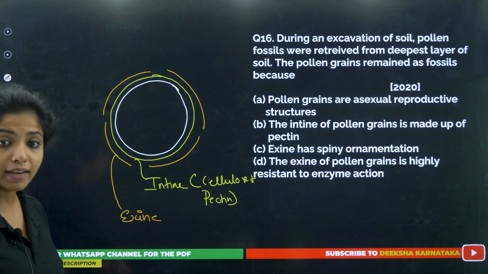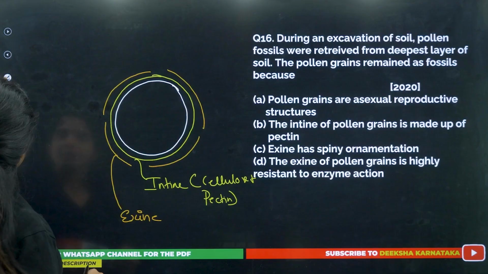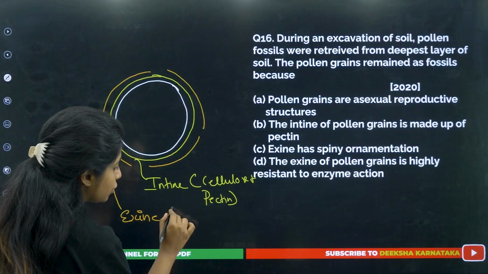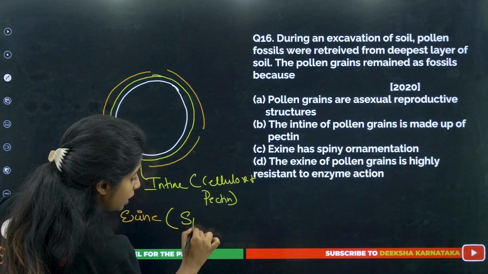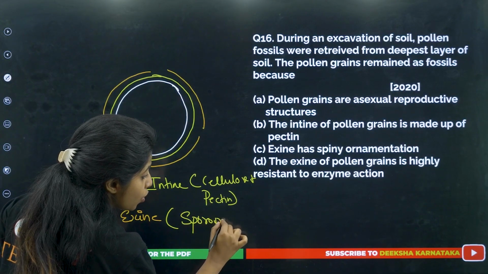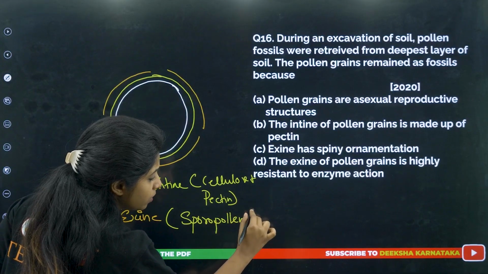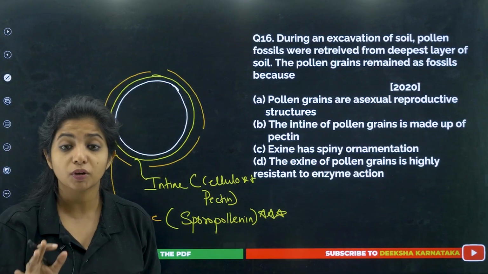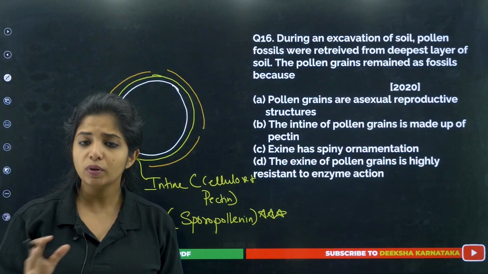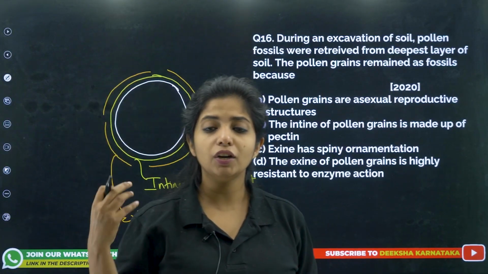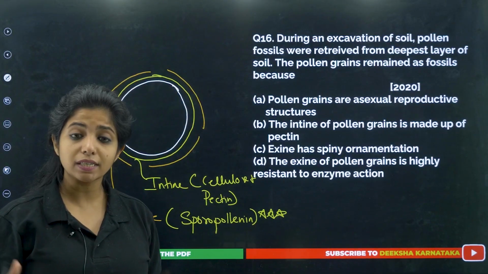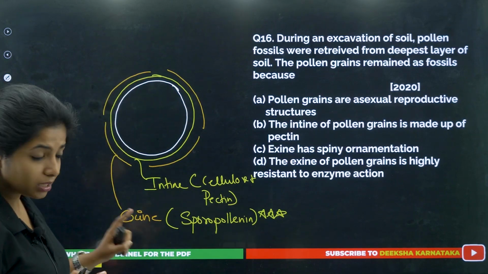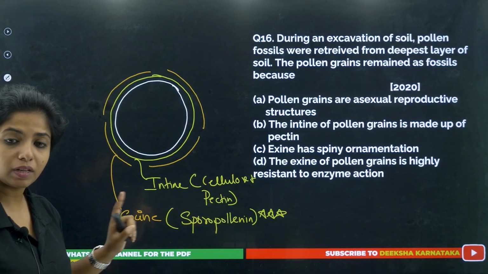The exine is actually a tough layer because it is made up of something known as sporopollenin. And sporopollenin, please remember, is the most important thing because it is resistant to enzymes. No enzymes can work on it. No alkali, no acids can work on it. So this is the reason why the pollen grains remain as fossils.